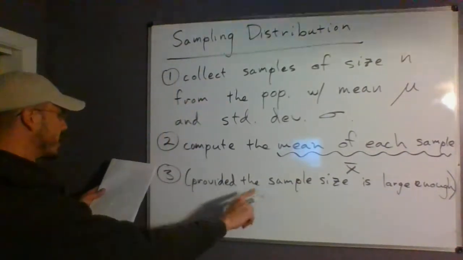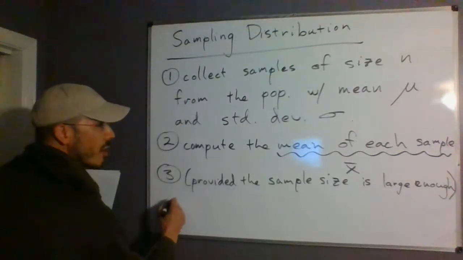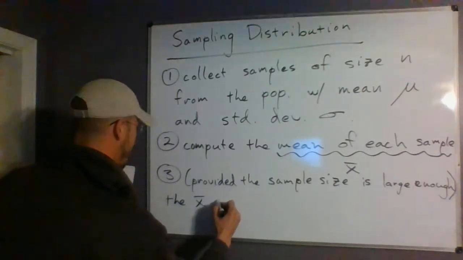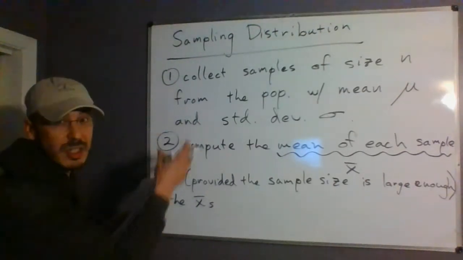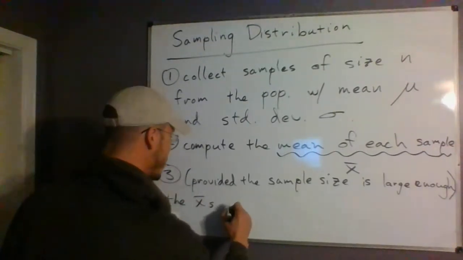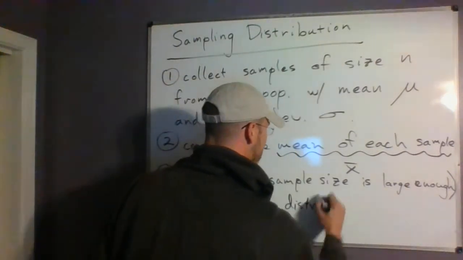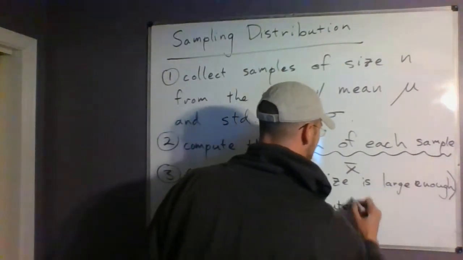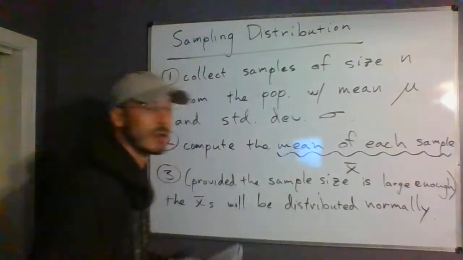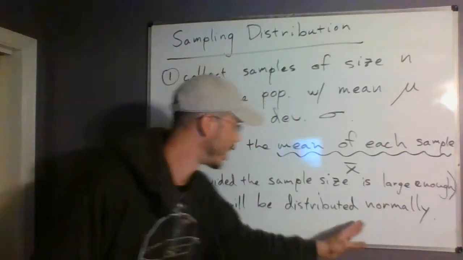But provided the sample size n is sufficiently large, the X bars, because each sample has a different mean, but they're distributed in a certain way, the X bars will be distributed normally. That means we can use what we know about the normal distribution to do probability calculations.